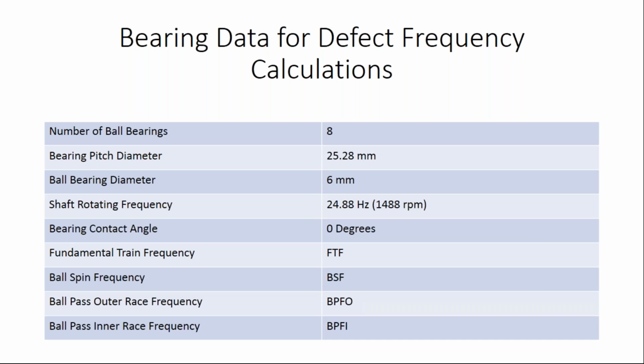And these are some of the parameters you use to calculate your bearing defect frequencies. What's important is to get the bearing number. On a lot of these machines, you have the bearing number on the bearing. So if you know the bearing number, you can get the bearing data, and immediately you can go straight into vibration analysis, and you can find what your defect frequencies are.